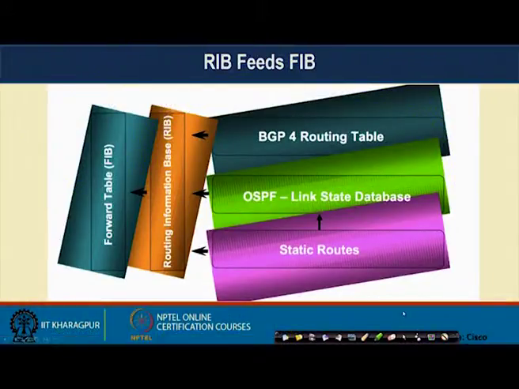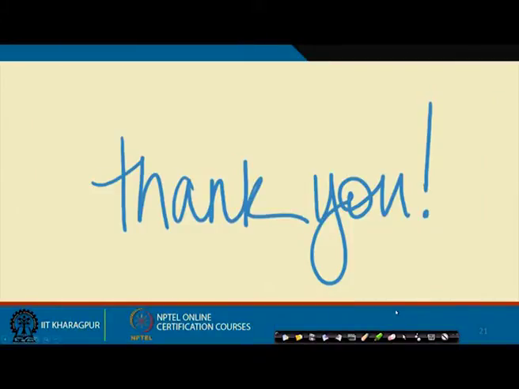If the information is not there in the FIB, then you need to make a software call to the routing information base to get the information and update the FIB. So, that way this entire routing procedure is implemented inside a router. That is a brief introduction about the router functionalities.